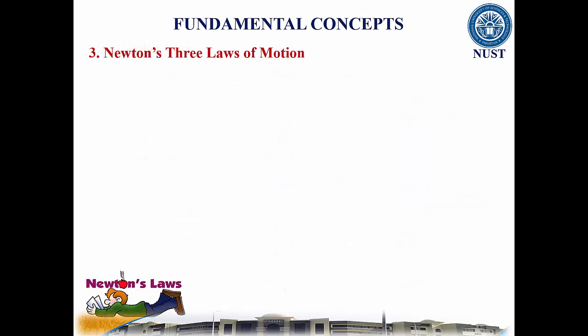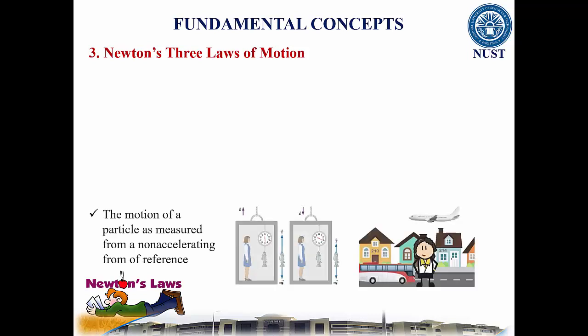Newton presented three laws of motion, based on which the entire engineering mechanics is formulated from experimental observation. It may be noticed that these laws apply to the motion of a particle from a non-accelerating frame of reference.